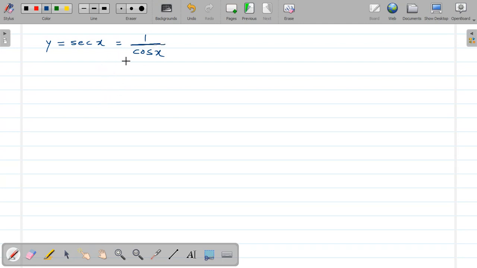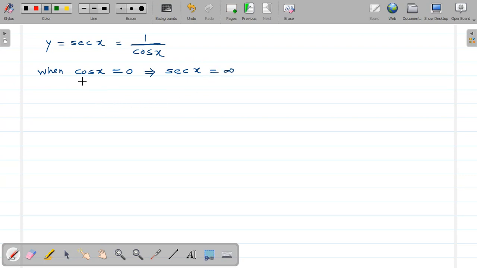Now we will find out the domain of this sec function. Now when cos x is equal to 0, that implies for that particular angle sec x is equal to infinity or unknown number.